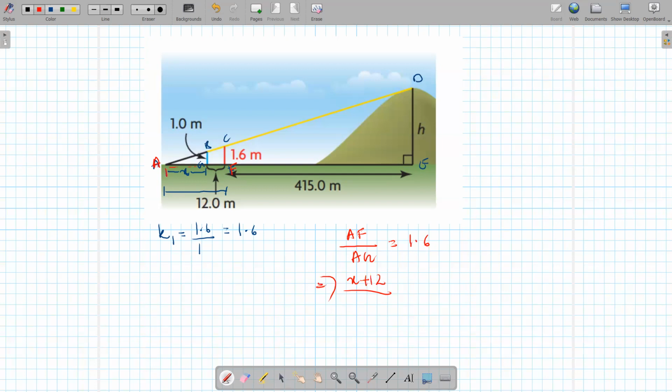Remember, x was the distance from here to here, right? So AG in terms of x is just simply an x. Okay? This is going to be equal to 1.6.